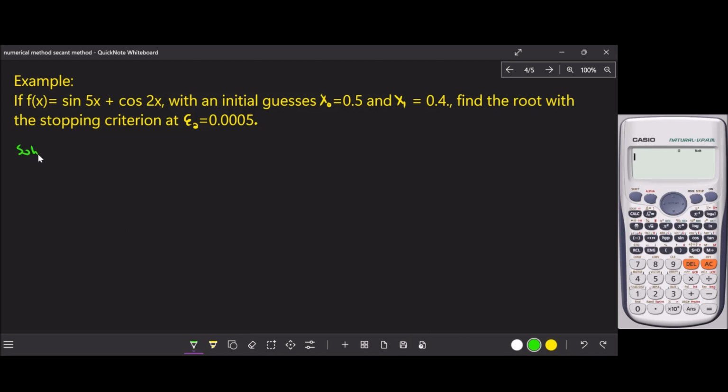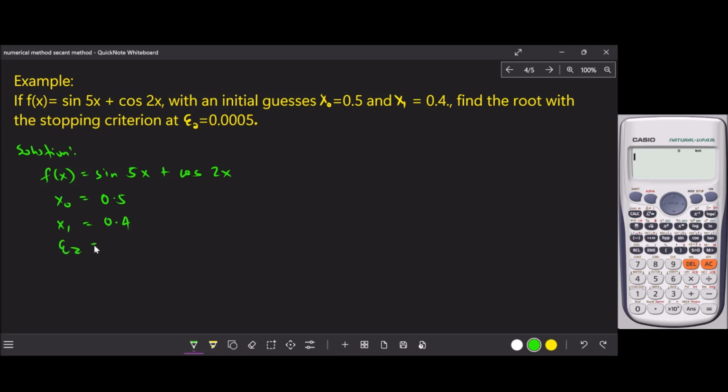Solution. First, let's list down the given. Our f of x is equal to sine 5x plus cosine 2x. Our x0 is equal to 0.5. Our x1 is equal to 0.4.